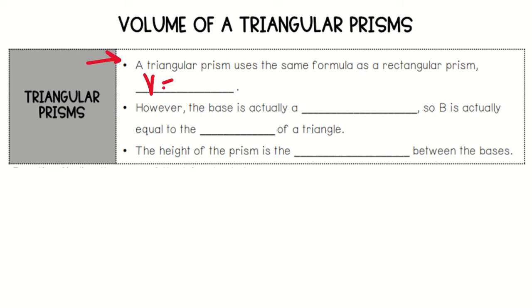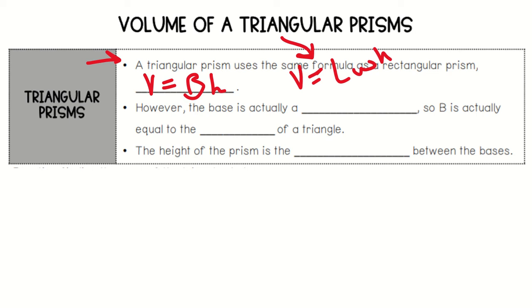Remember, the formula of a rectangular prism is capital B times H. Well, that was the official formula that the STAR chart would give you, but remember I gave you a better one, which is length times width times height, and I know you're super thankful. So we're going to be working with this actually, and we're just going to make a small tweak to that to get our triangle formula. So that'll come in a second.